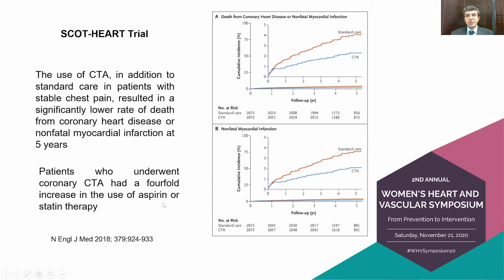A lot of these patients, when they know that they have coronary disease, make some behavioral changes, like a healthy diet, stopping smoking, more exercise. So I think it's not just taking aspirin and statin that shows this benefit, but the whole behavioral change and more healthy lifestyle was what makes the difference between standard of care and CT.